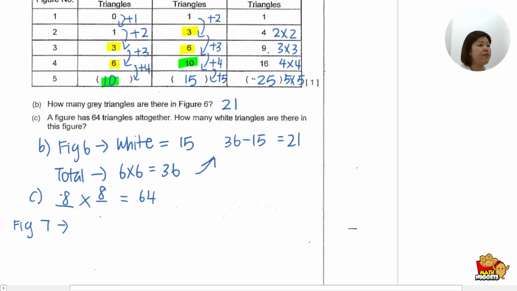Okay, figure 7 for my white. Okay, let's do 6 first. Figure 7 for my white will be 21. This is white. Gray will be 28.